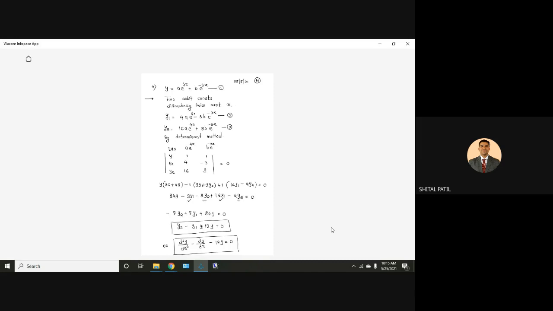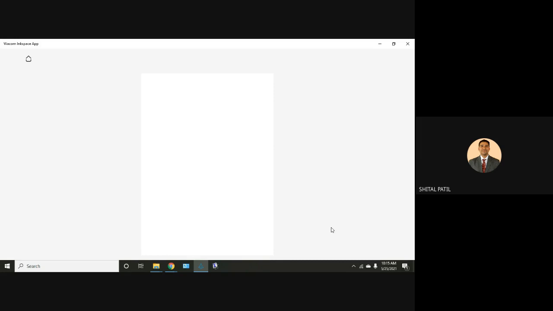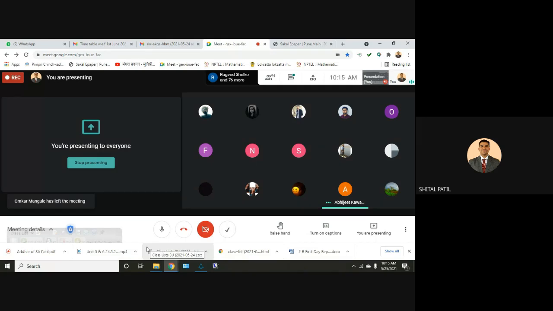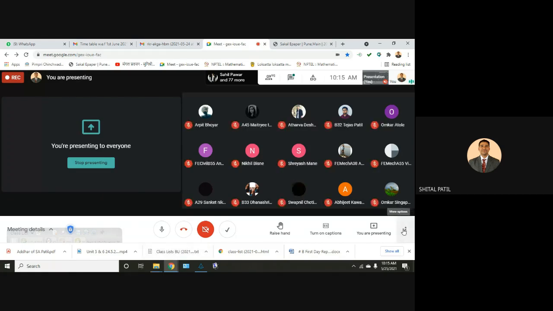Let me change the page. Right, x square upon a square plus y square upon b square equal to 1. This is the equation of what? Write in the chat box. This represents what? Does it represent a circle?